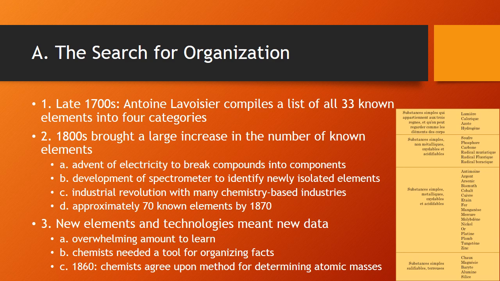Before then, different chemists had a different way of calculating these masses, so it was almost impossible for a chemist in one lab to get the same results as a chemist in another lab, simply because he or she was working with a different set of atomic masses because they had their own way of calculating them. But whenever chemists started to agree upon these things, it allowed them to start to speak a more common language and thus come up with a common organizing tool.